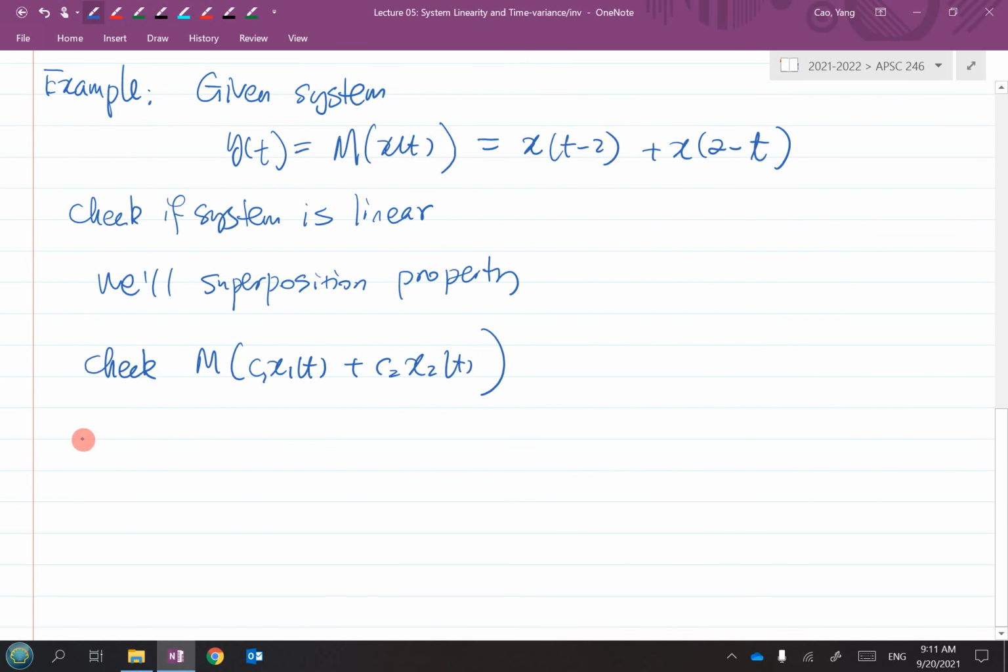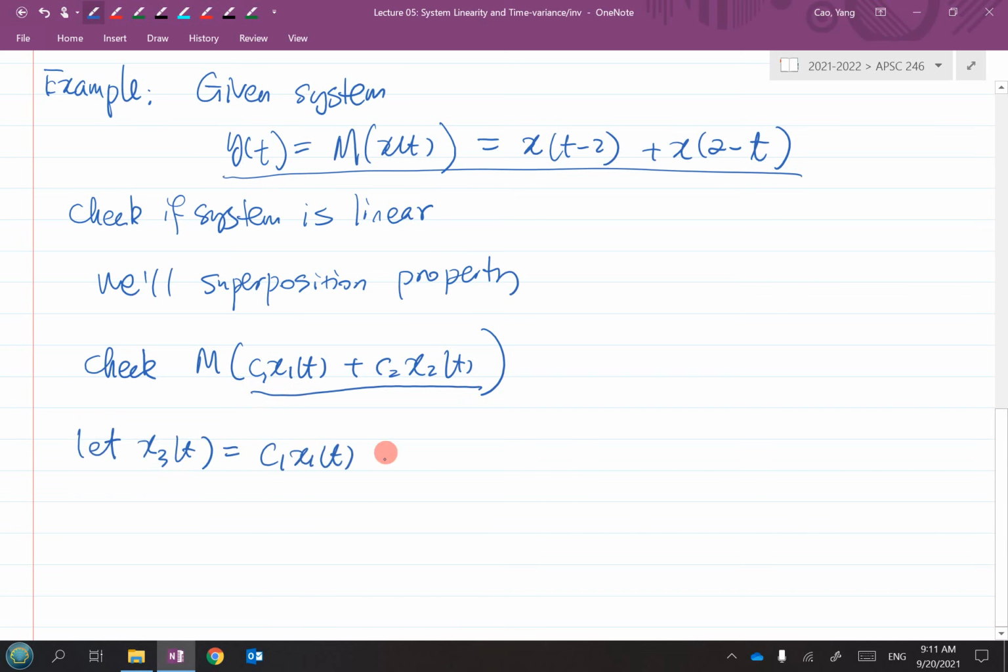Because when I have the system given here and an input here, my first instinct, especially at the beginning, is that it's a mess, so I don't know what to substitute. So what we can do is introduce an intermediate variable. Let's call it x3 of t, and let's define x3 of t as c1 x1 of t plus c2 x2 of t. Okay, so let's try this.